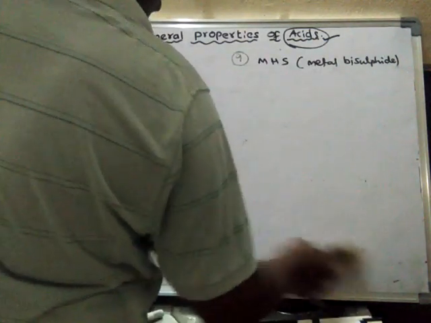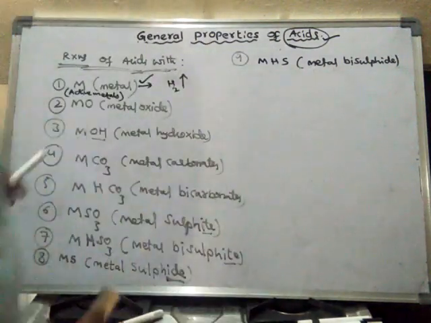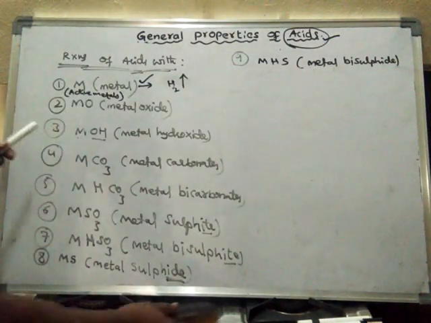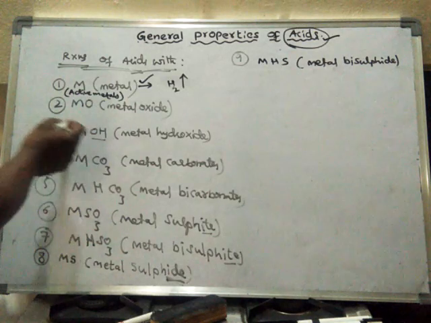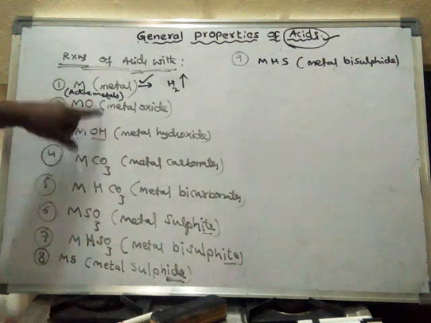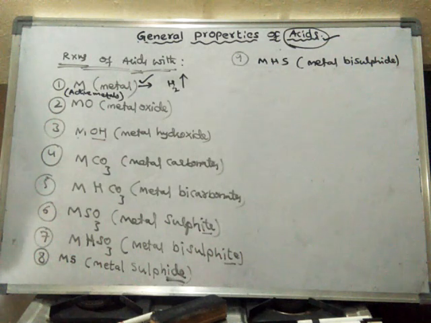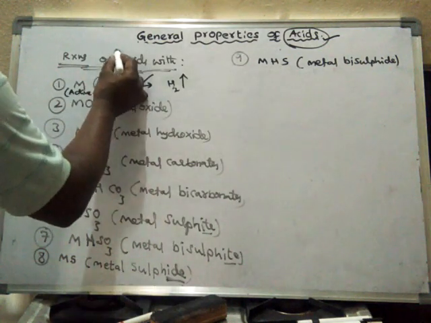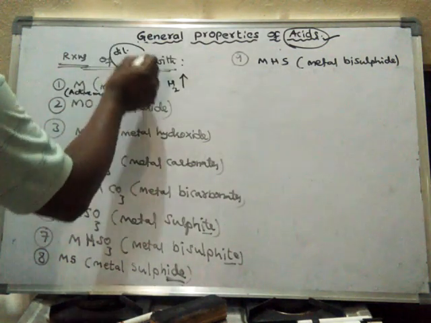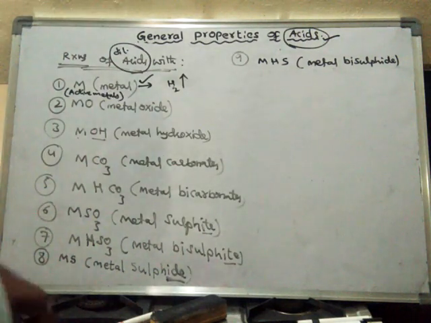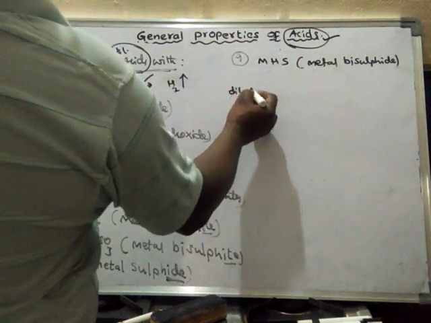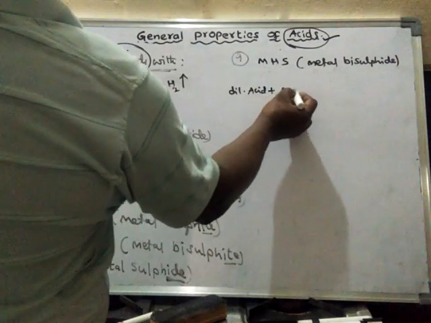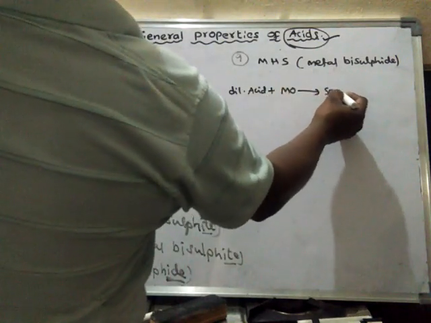Now we learn about the action of dilute acids when reacted with metal oxides. In all the cases we have to take dilute acids. Dilute acid when reacted with metal oxide produces salt in the same way.